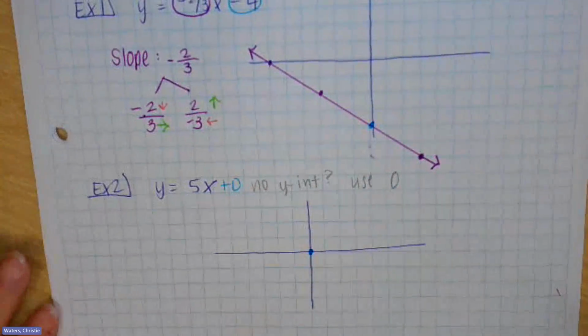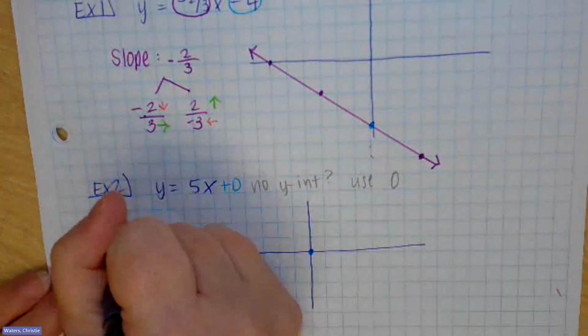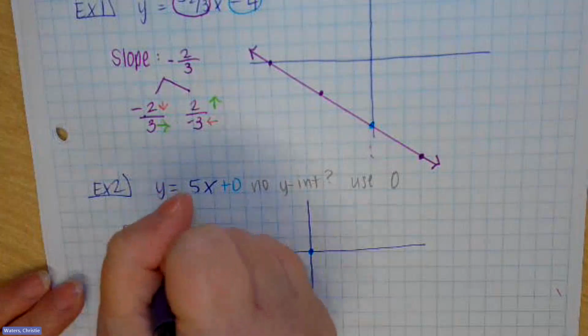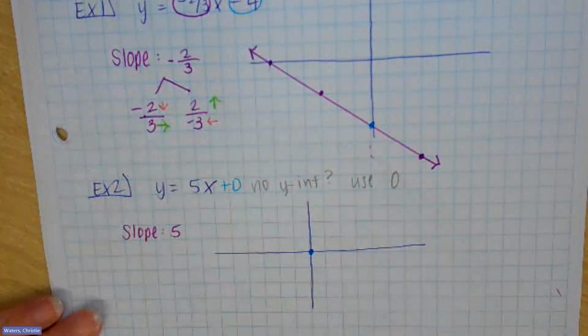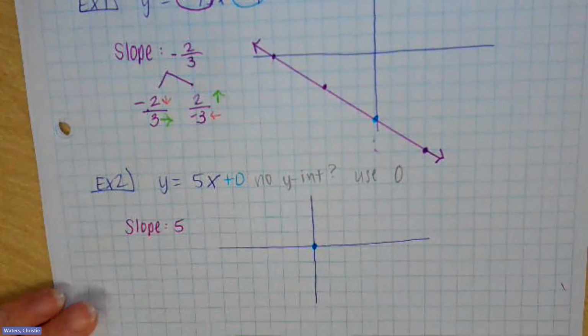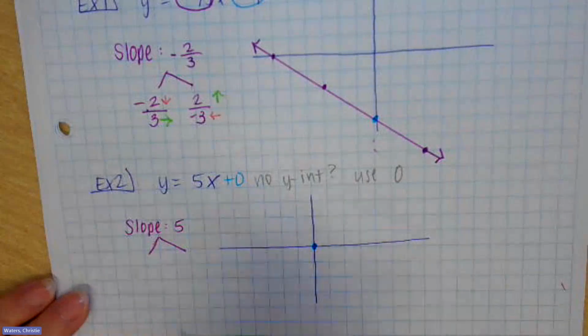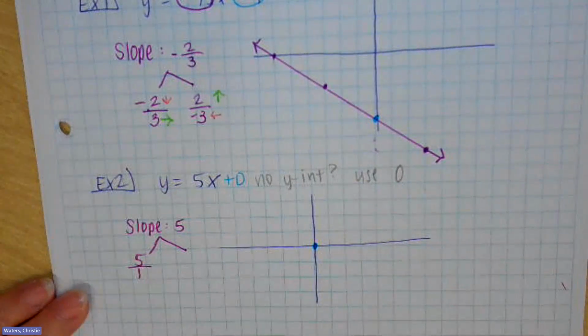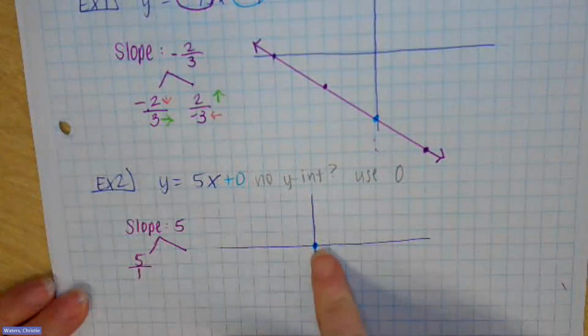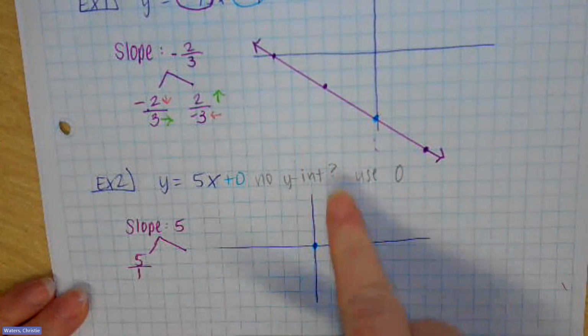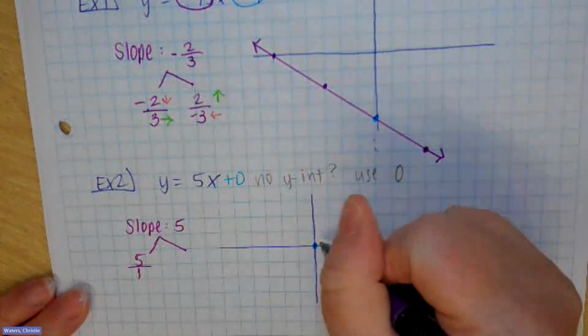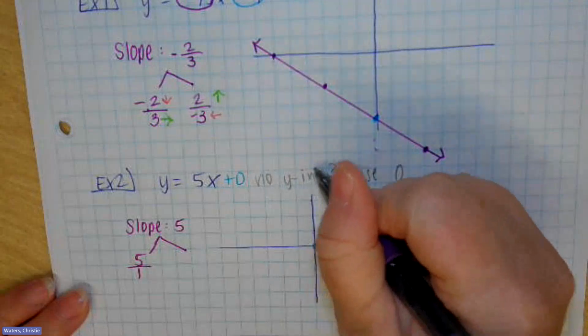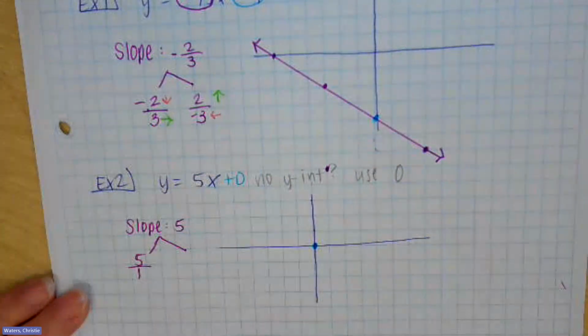And now let's talk about our slope. So this time the slope just says 5. Well, the first thing I can do is make that a fraction by putting it over 1. So one of my slopes is going to be 5 over 1. If you imagine going up 5, right 1, I'm just going to do it now. 1, 2, 3, 4, 5. So it's right here.